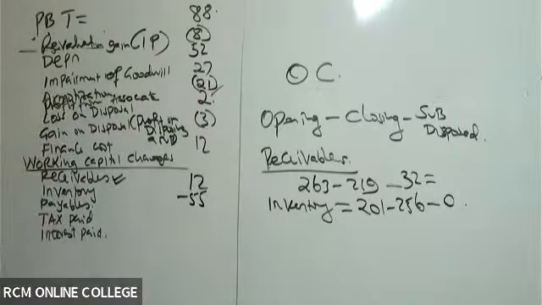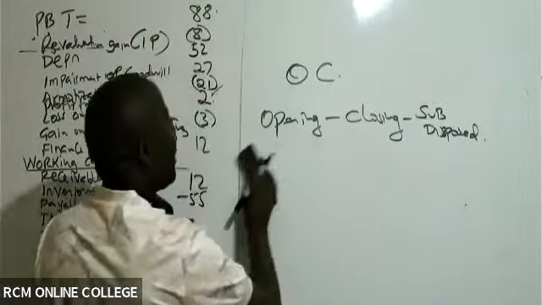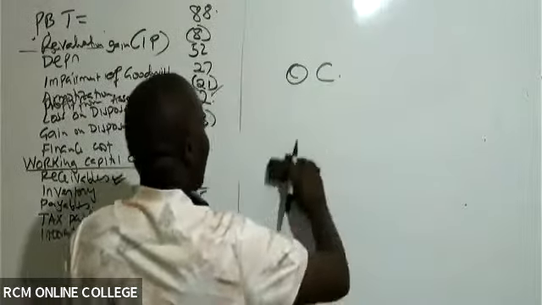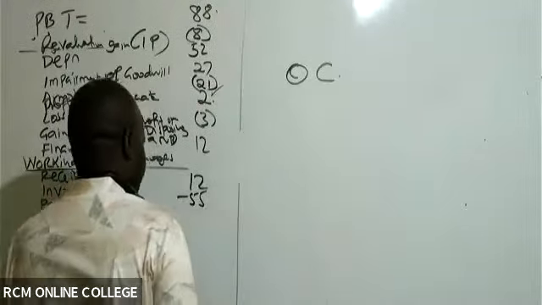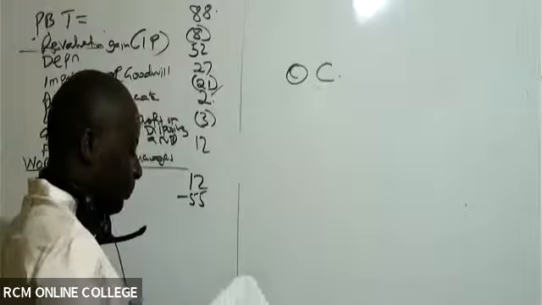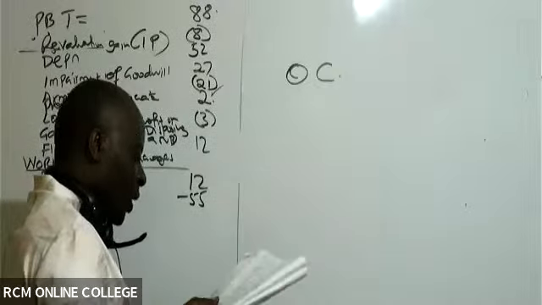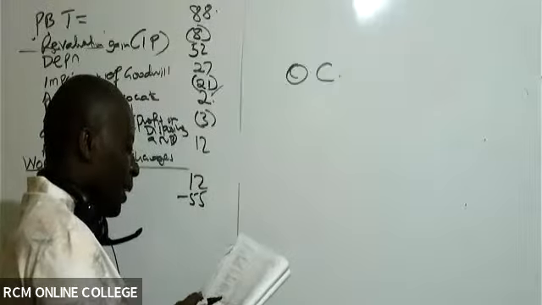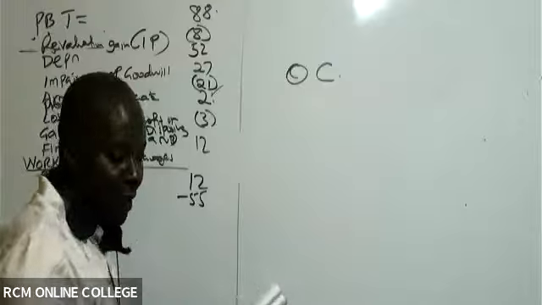Now for payables, not many will get payables easily. So for payables, you must be quite knowledgeable. For payables, we have opening. Are you able to see the opening payables under current liabilities? Yeah, 486.